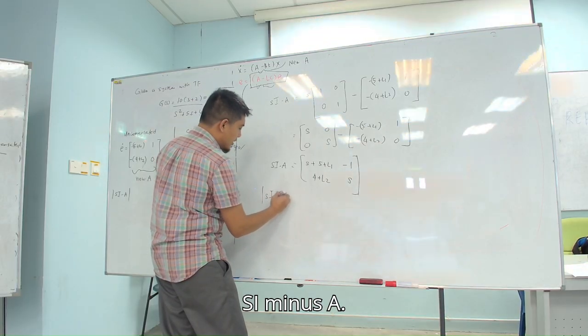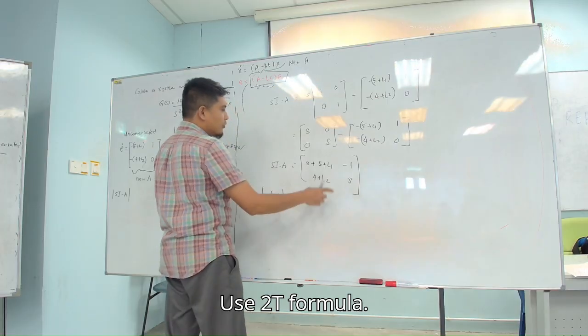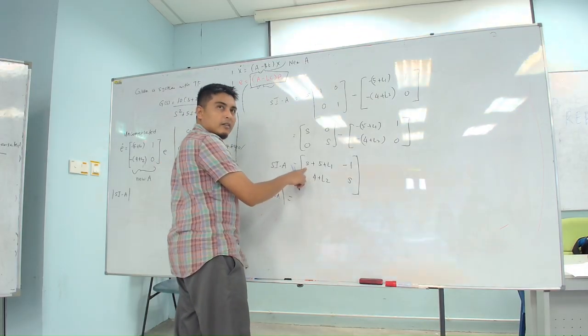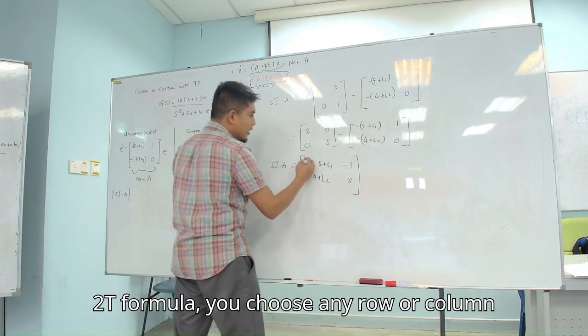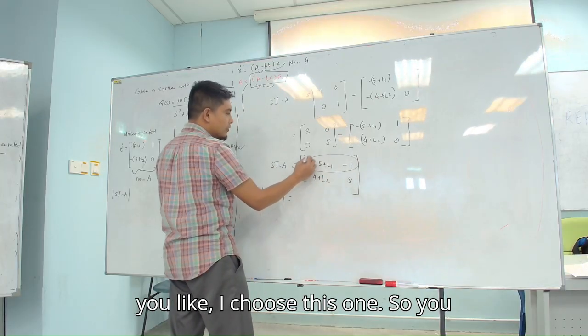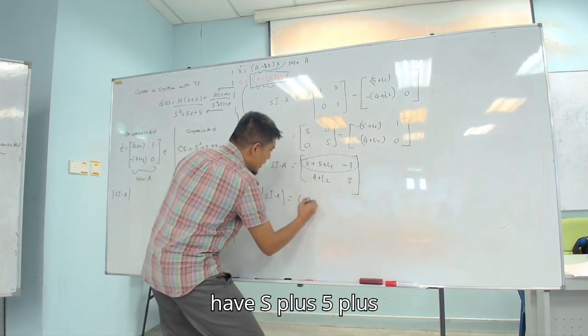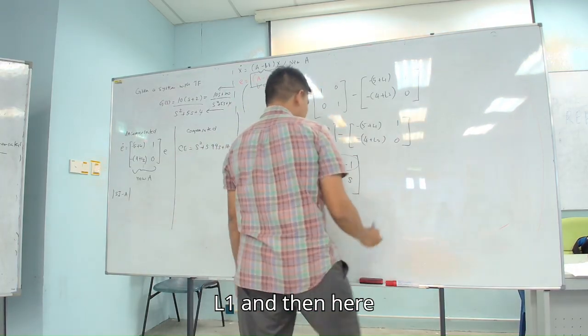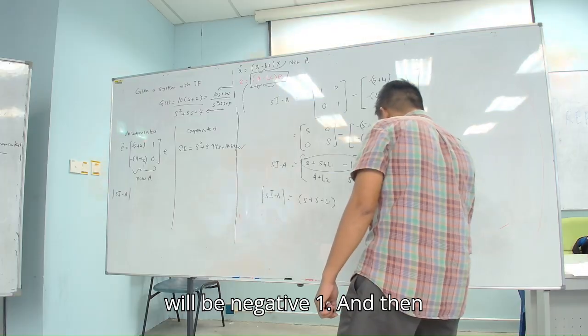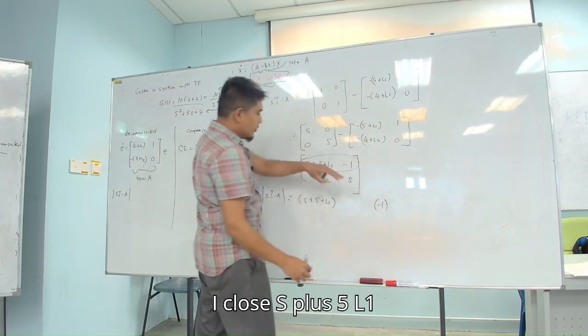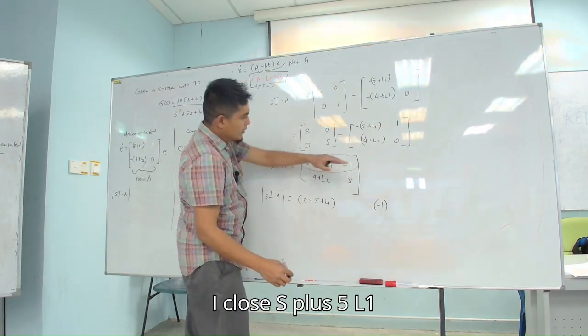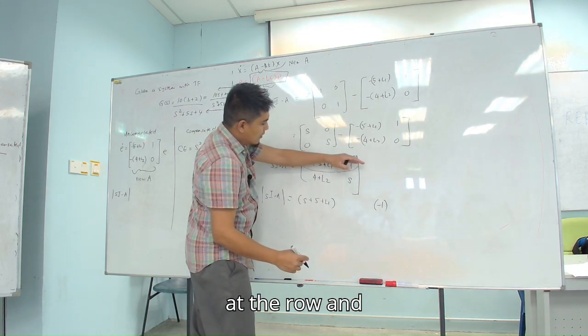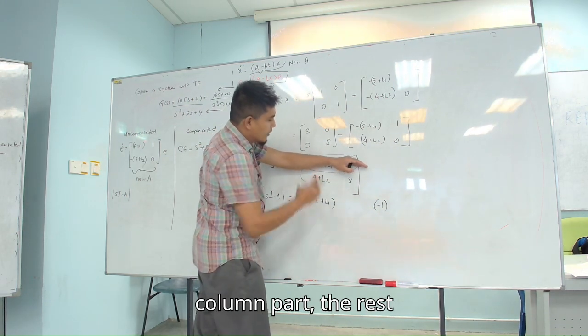For the determinant of sI minus A, use the 2 by 2 formula. You choose any row or column you like. I use this one. So you have S plus 5 plus L1, and then here will be negative 1. Then I close S plus 5 plus L1 at the horizontal row and column part.